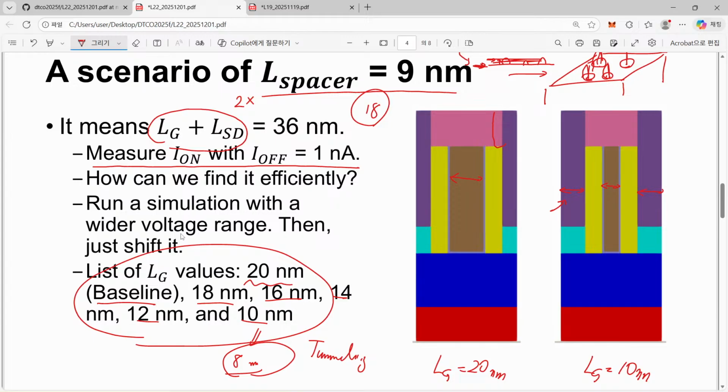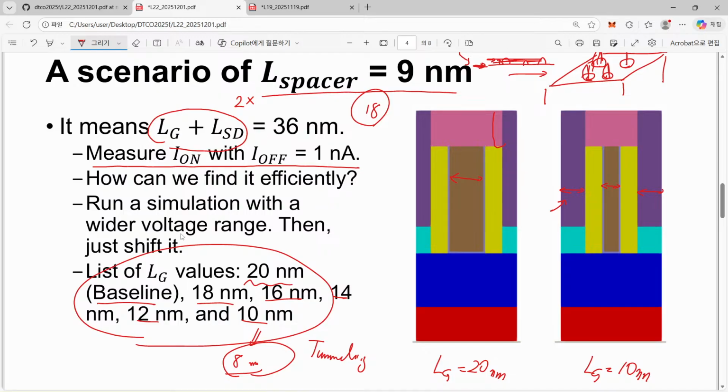Please try to measure the on current under the assumption of constant off current. This is the real thing we have to do. In the previous lecture, although that was pre-recorded, we just saw something corresponding to the simulation, and I gave you an example with a certain off current and a certain on current, and if you change your parameters, then we have different values.